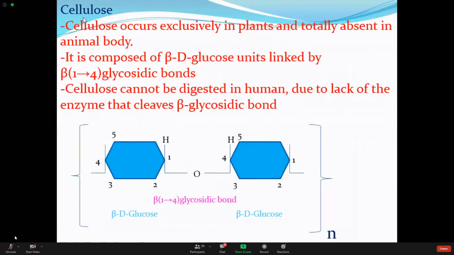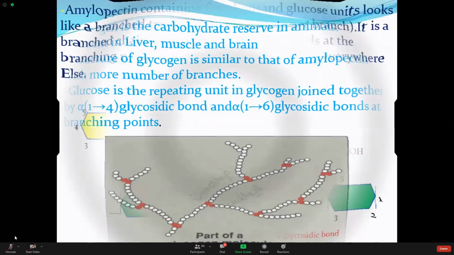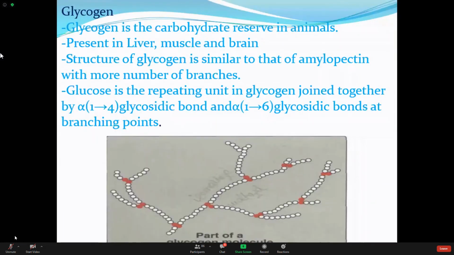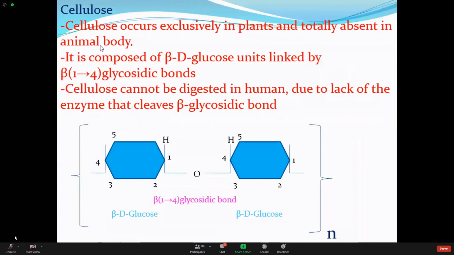Fine. Another one is cellulose. Cellulose you also get in plants and it is totally absent in the animal body. So cellulose you do not get in animals, only in plants. And here this particular linkage is called a beta 1,4 glycosidic linkage.